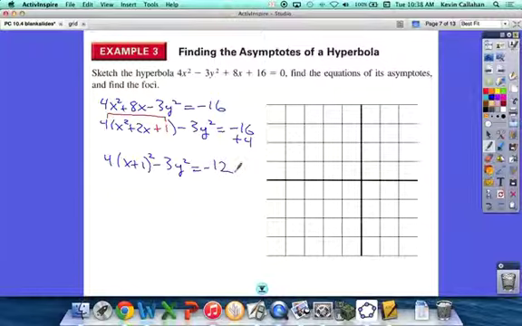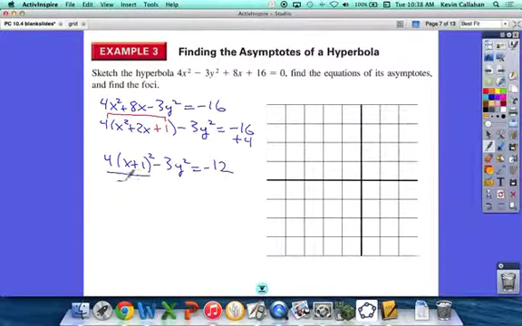So what do I have to do to put it in standard form? I've got to divide by negative 12. You probably would have thought when you started this problem that it looked like it was going to be horizontal. But when I divide by negative 12, this term is going to end up being the negative term, and that's going to end up being the positive term. So it'll switch because of that.